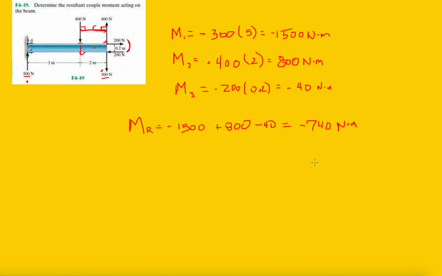Which direction is this? You can place the resultant couple moment anywhere on the beam because, like the book says, it's a free vector, meaning it doesn't matter where it is. Wherever it gets placed, it's just going to cause the object to rotate. So I can say it's here, and it's going to be 740 clockwise, so it goes in this direction.